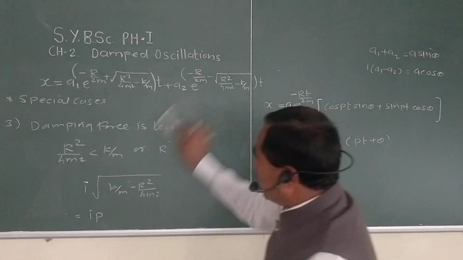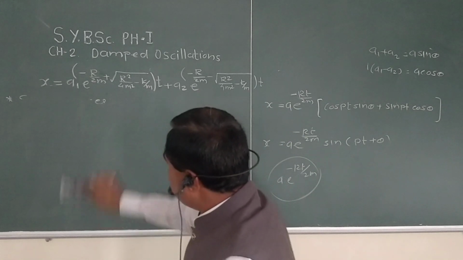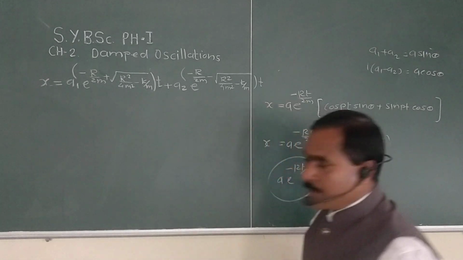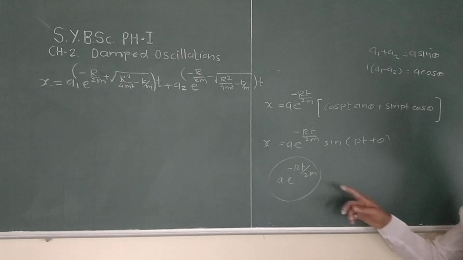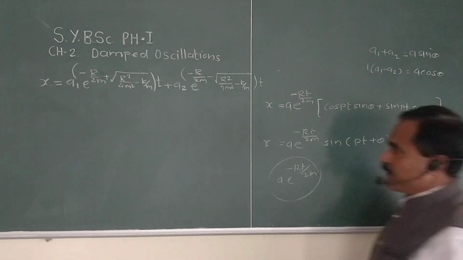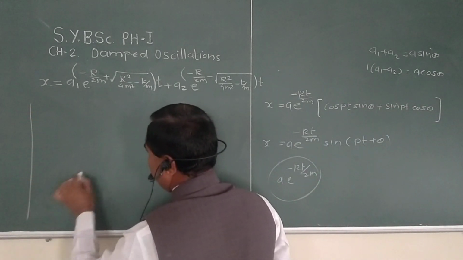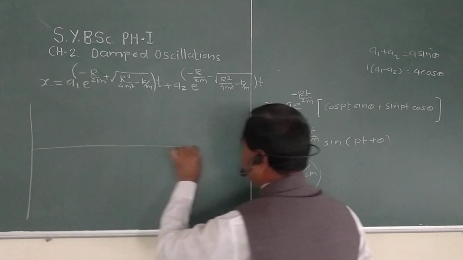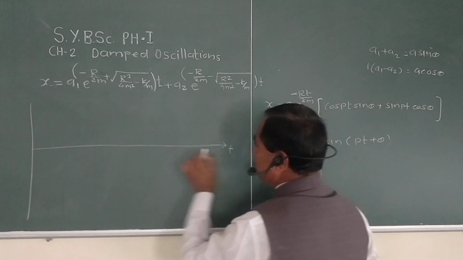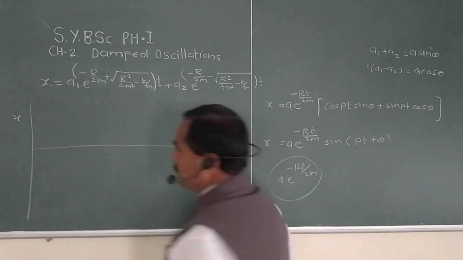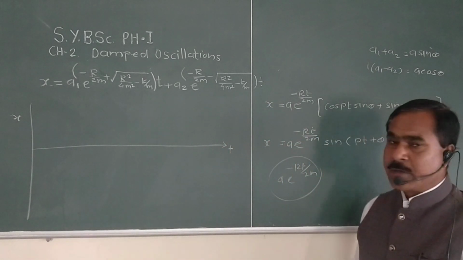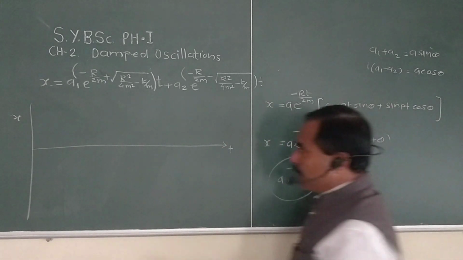Now next we consider where we plot the graph of displacement versus time. So when we plot the graph of displacement versus time, here is time and here is displacement, right? Then the oscillator performs oscillatory motion like this.